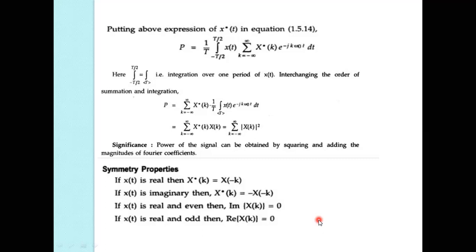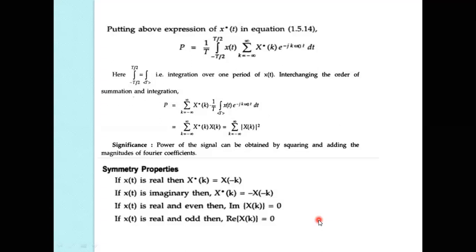In that also, the names of the properties are the same: linearity, time shift, frequency shift, time differentiation, convolution in time, and the multiplication or modulation. The naming is different, but you have to prove by using the Fourier series, the Fourier transformation, the Laplace, and the Z transformation.